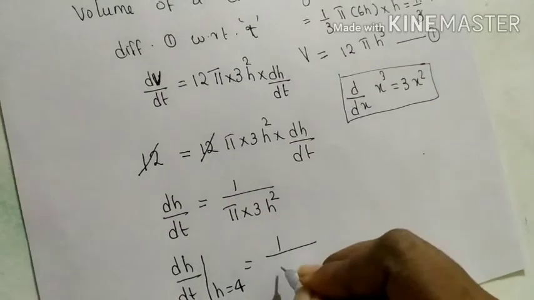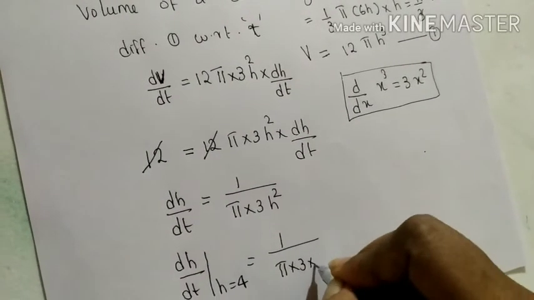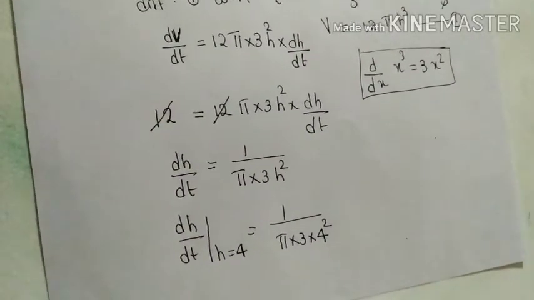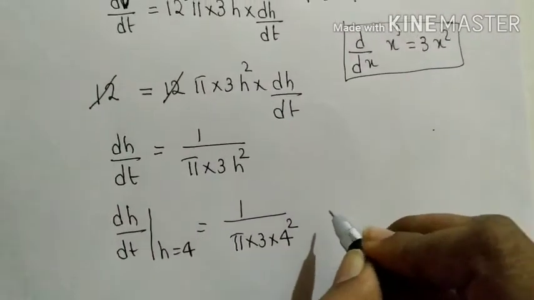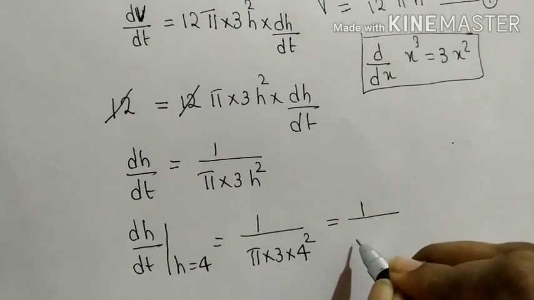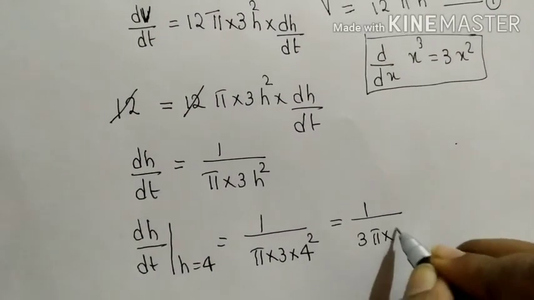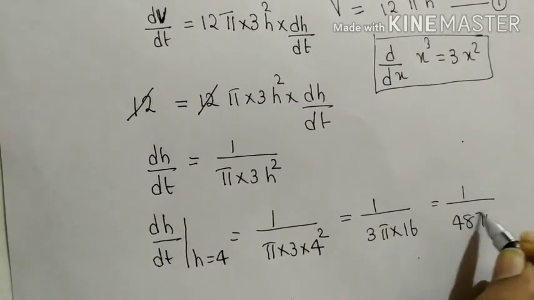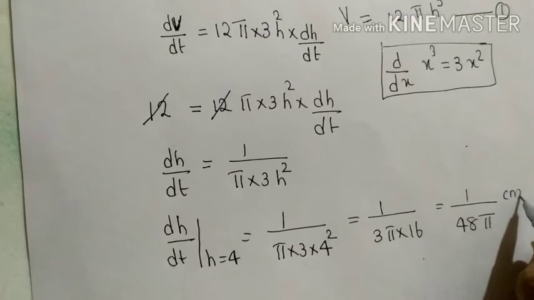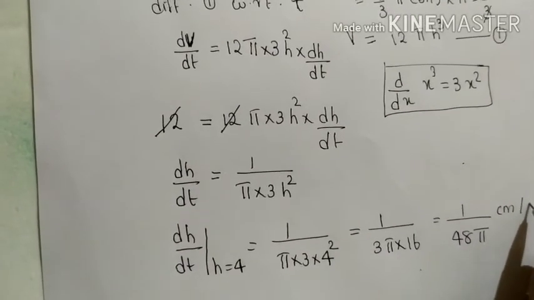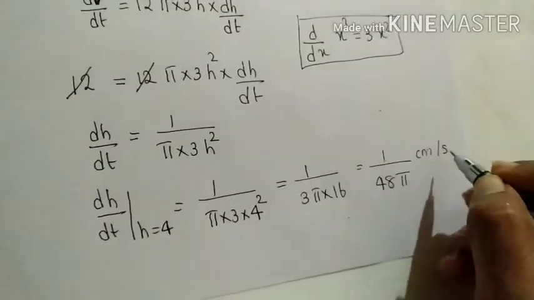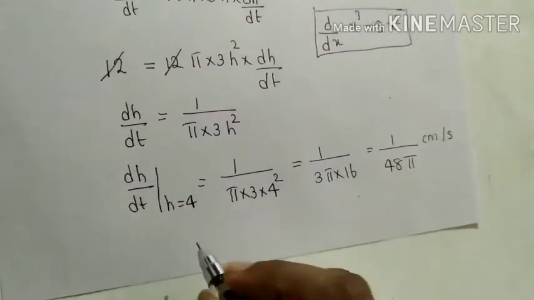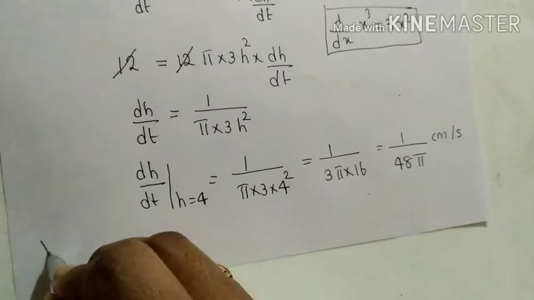We get 1/(π·3·4²), which is further equal to 1/(3π·16), or equal to 1/48π. The unit is centimeter per second. Okay, so we get our final answer: dh/dt at h equal to 4 is 1/48π centimeter per second.